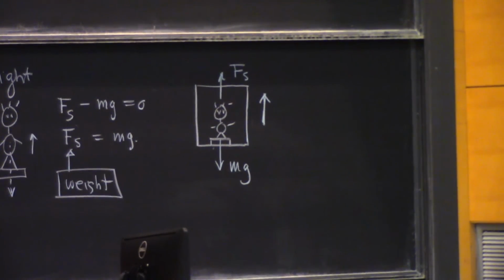So tell me something. If you step on an elevator and the elevator starts to go up, how do you feel? Yeah. Heavier, right? Anybody feels lighter when the elevator starts to go up? All right.